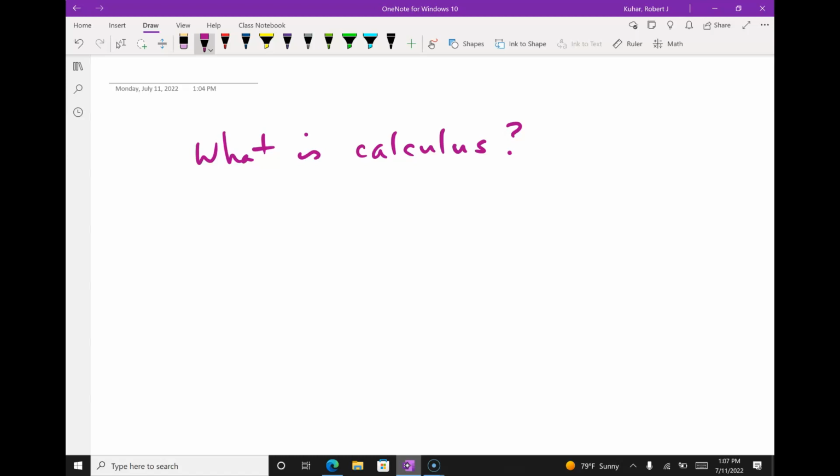So we're looking at the change in one variable with respect to the change in another variable. Listen to it. The change in one variable with respect to the change in another variable. What am I talking about? What's the simple math term I'm talking about? It could be a function, but it's simpler than that.